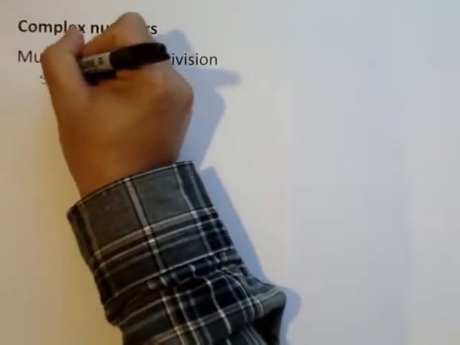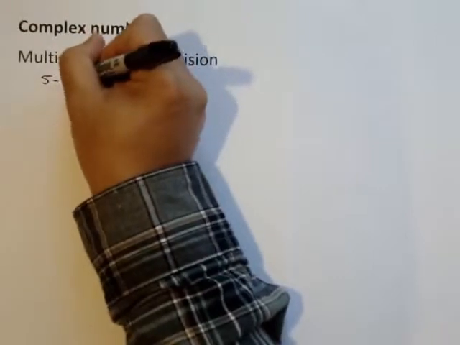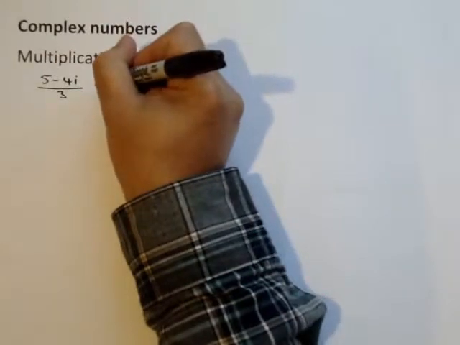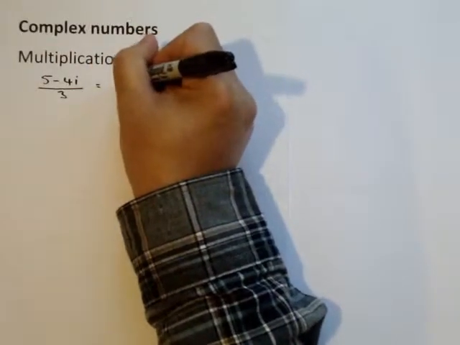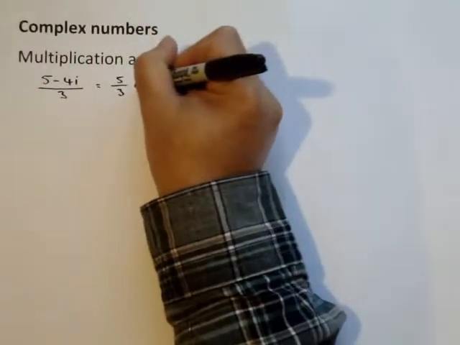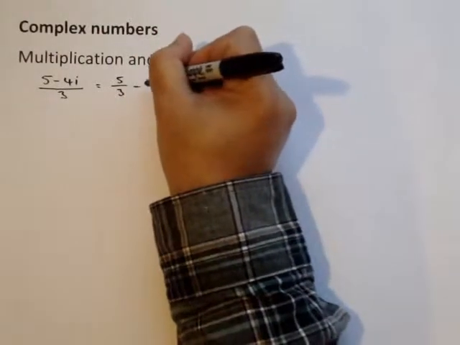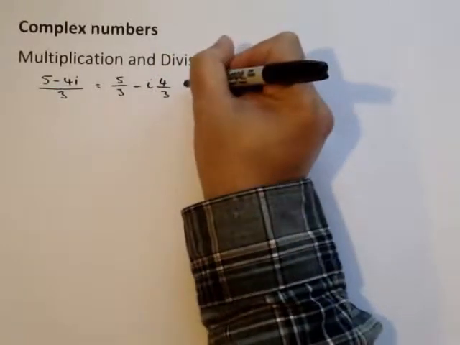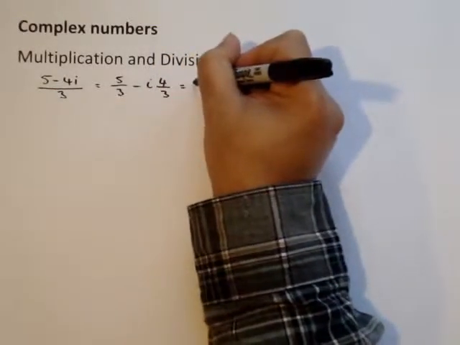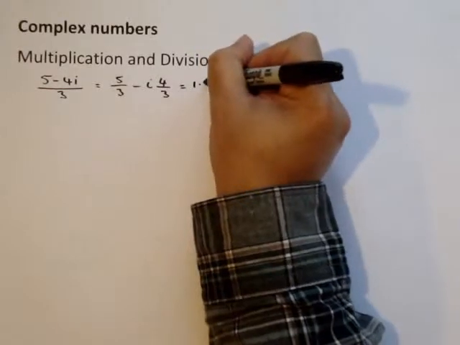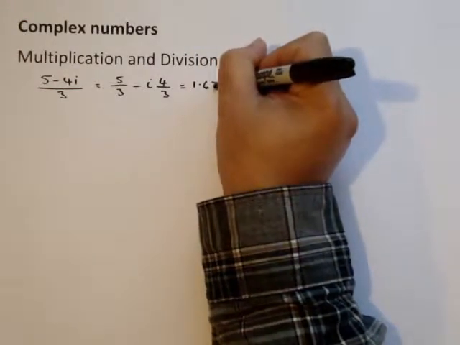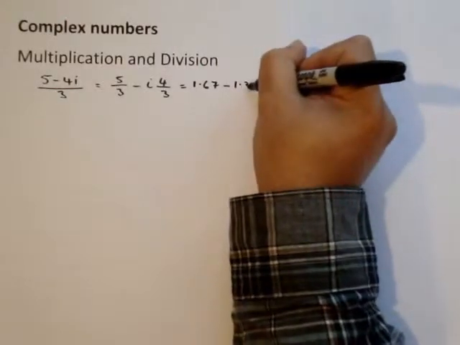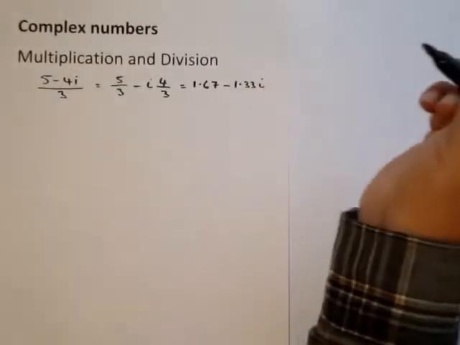So if we have 5 minus 4i divided by 3, we can split that into 5 divided by 3 minus i 4 divided by 3, which is 1.67 minus 1.33i.